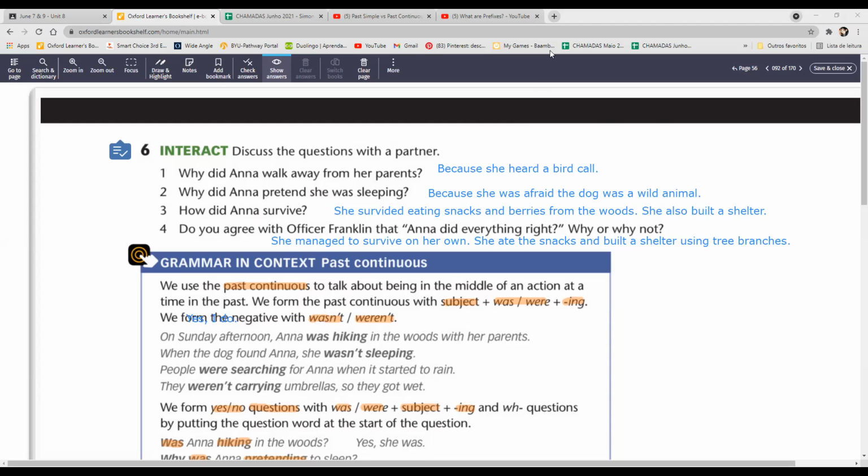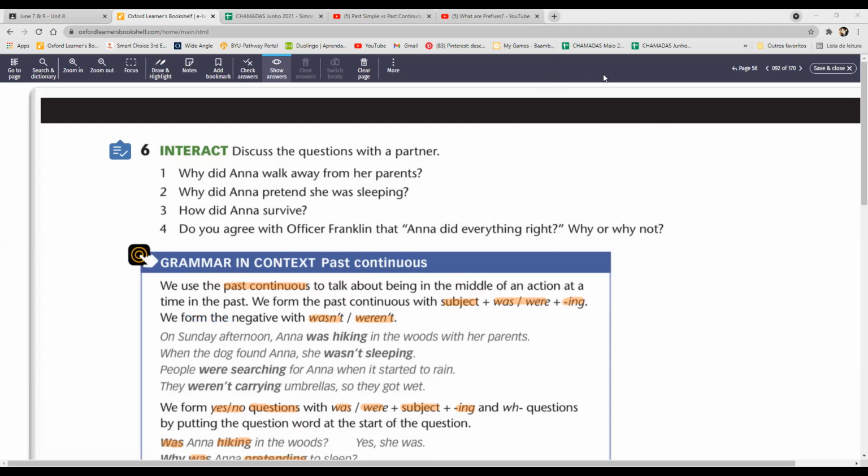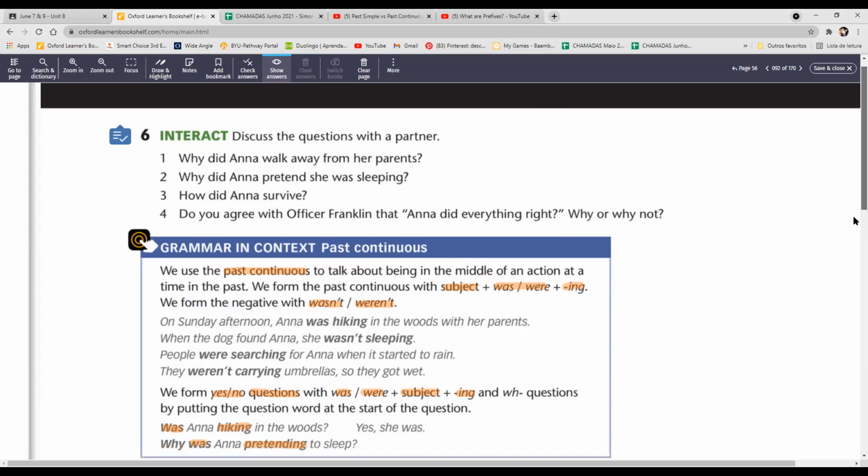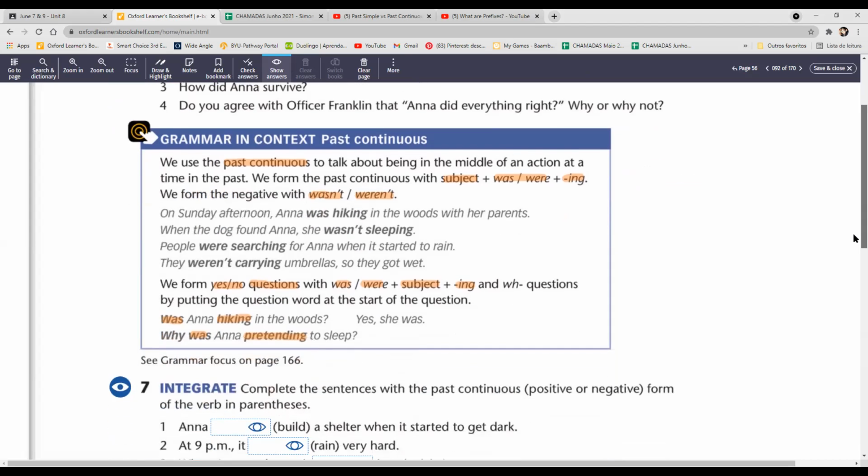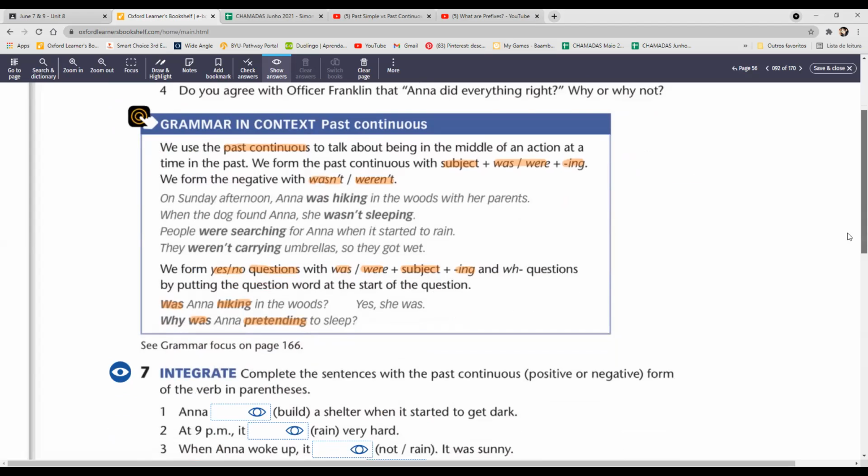All right, people. So look, the point in this lesson is, like I said before, the past continuous, okay? So let's see there. We use the past continuous to talk about being in the middle of an action at a time in the past.